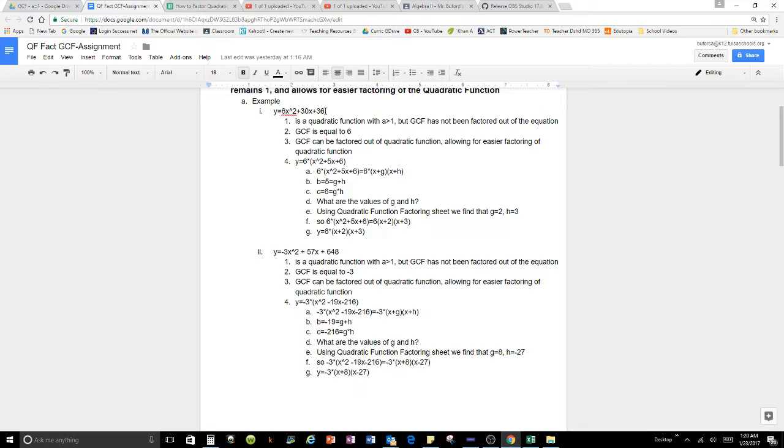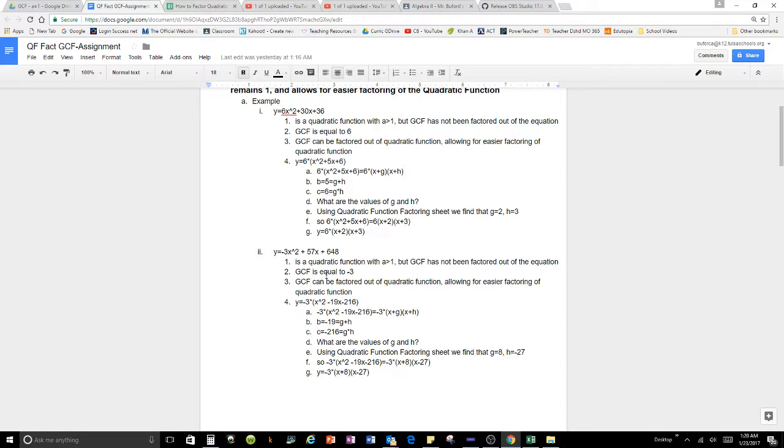In effect, if we divide each of these terms by 3, we get this quadratic function here, and then we pull that out here. So if we want to pull 3 out of here, it's just like dividing each of these terms by 3, and in this case it would be like dividing them by a negative 3.